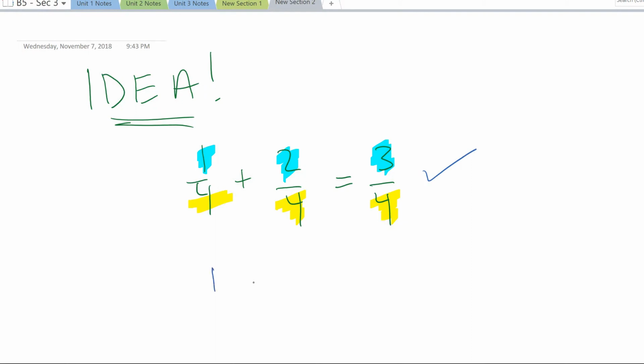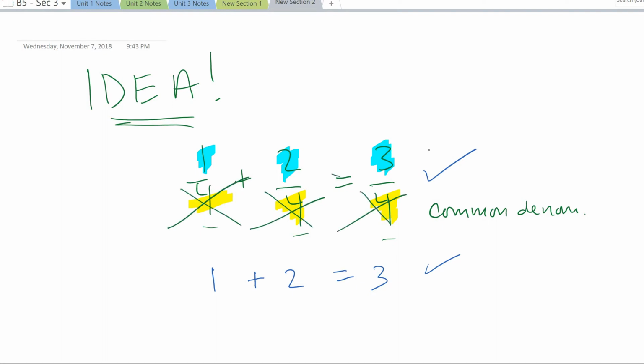It's also a true statement that 1 plus 2 is 3. And this is true without the fourth. So what that means is once you have a common denominator, all of the fractions have the same denominator, you can totally ignore the denominator and simply add up the numerator.